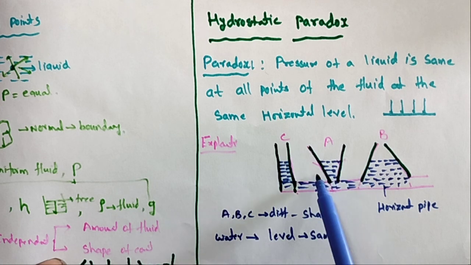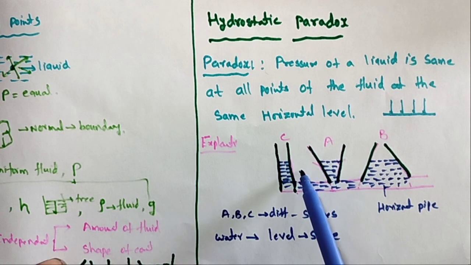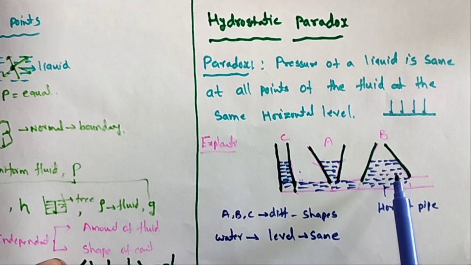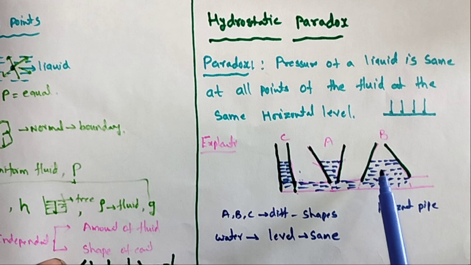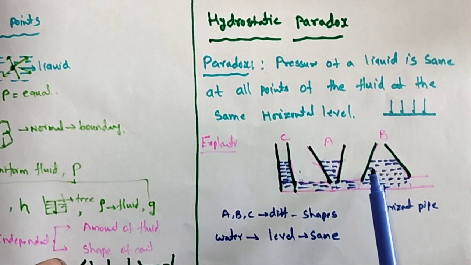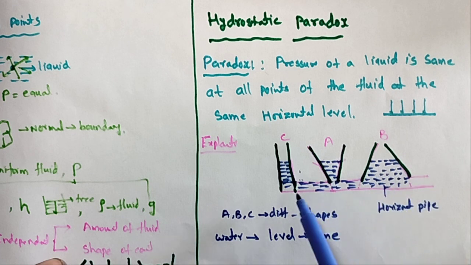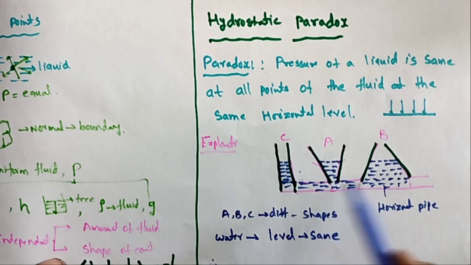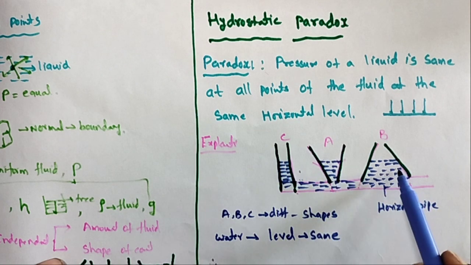What is your observation? All vessels contain water at the same level, even though the amount of water in the vessels is different. Water level is the same. What is the reason? When the water is flowing, all reach the same level.